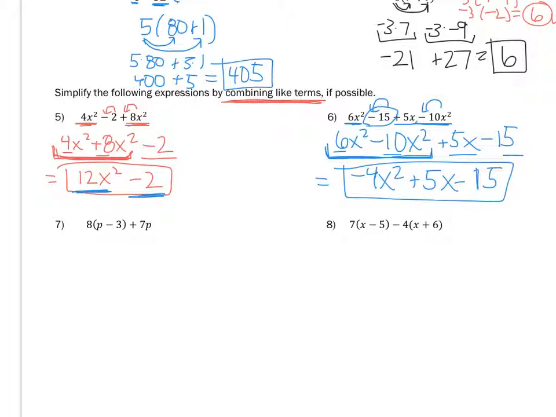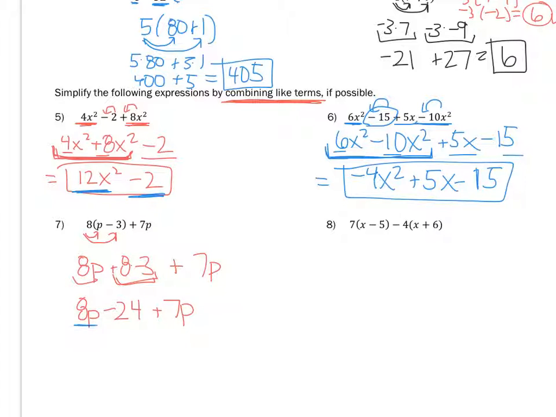Okay, number 7 is using the distributive property. So I'm going to multiply 8 by both terms inside the parentheses. We're going to get 8 times p, and then plus 8 times a negative 3, and then I'm going to go plus 7p. So when you multiply here, you're going to get 8p, and then it's going to be a negative 24, so I'm going to go minus 24 plus 7p.